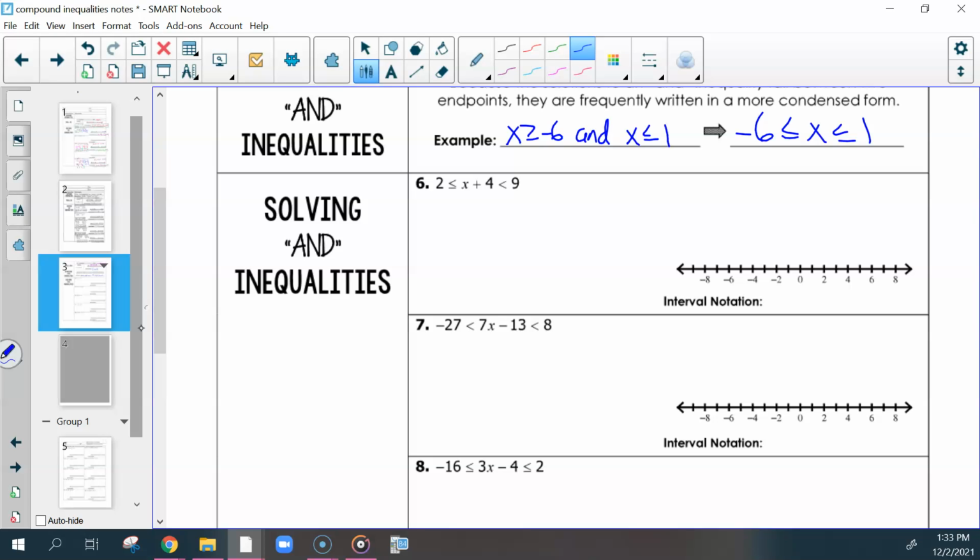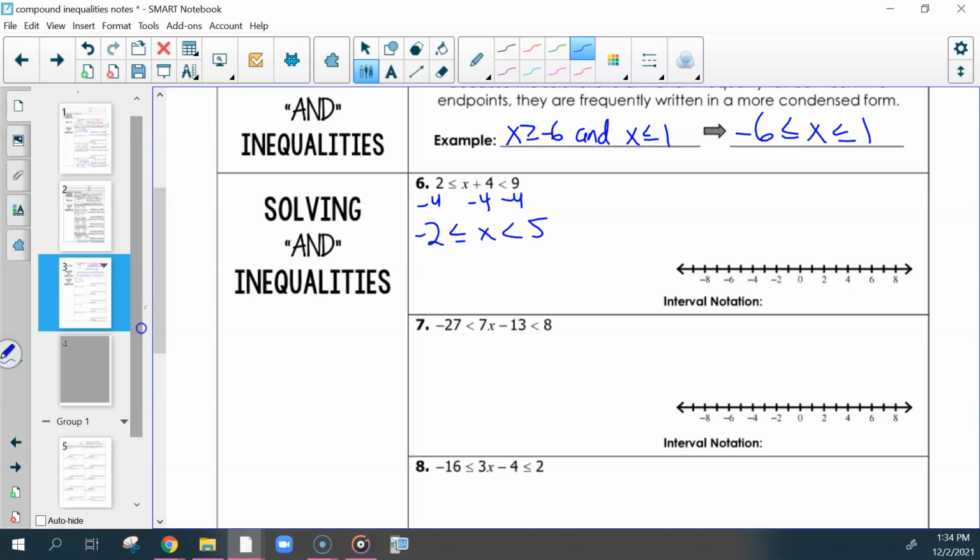So for this, I would need to solve this by subtracting. I would subtract 4 here, and then I'm going to do that to the right and to the left. We're applying this to everything. So that means this would become -2 is less than or equal to x, which is less than 5.